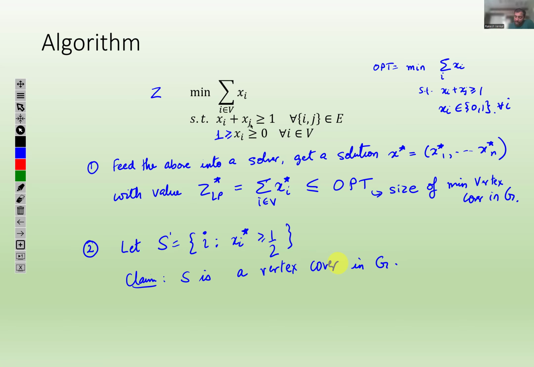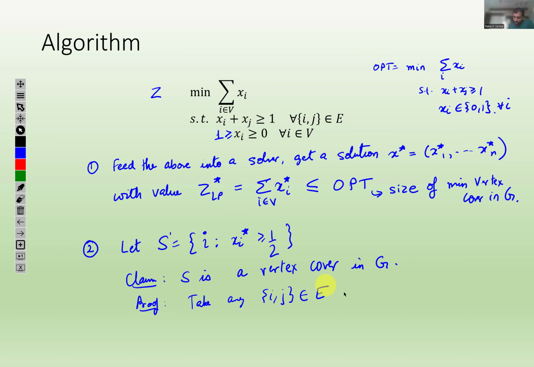Well, the reason lies in the constraints. Consider any edge. If I pick any ij in E, I claim that at least one of the endpoints should have had an xi star value greater than or equal to half.